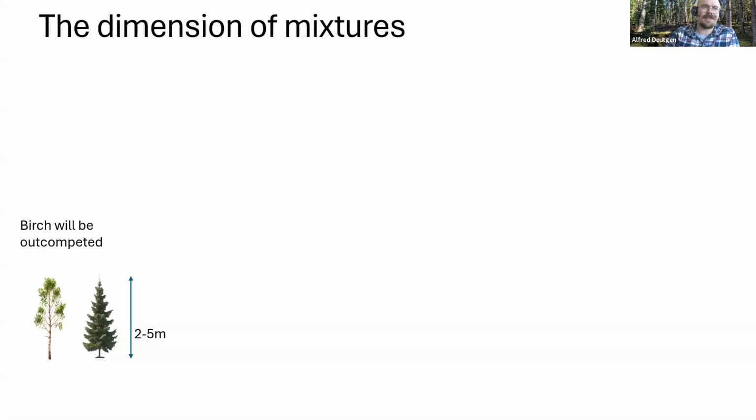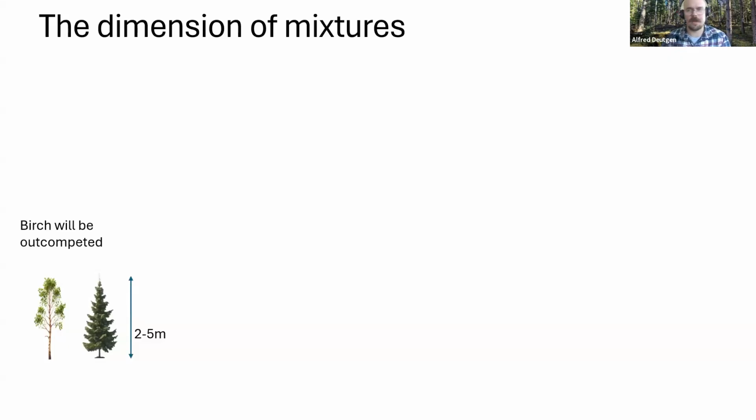And there's another dimension to mixtures that is maybe sometimes forgotten, that there's a height relationship, which is quite hard to predict. So it's something you have to stay flexible with when you come in and decide what to do in a stand.